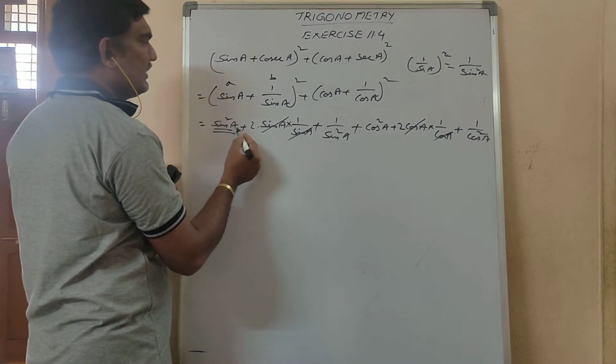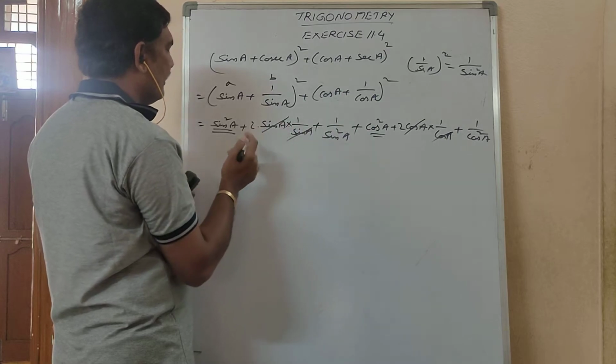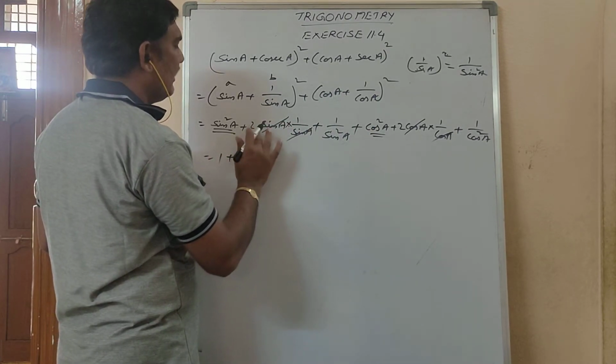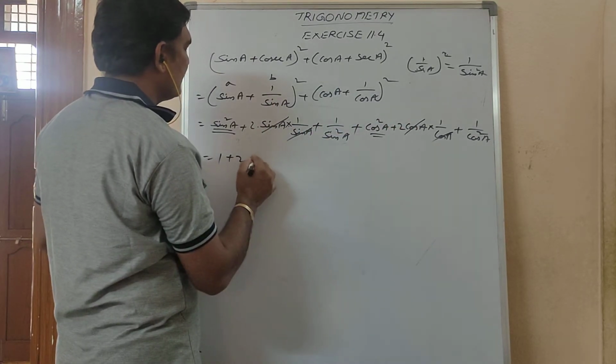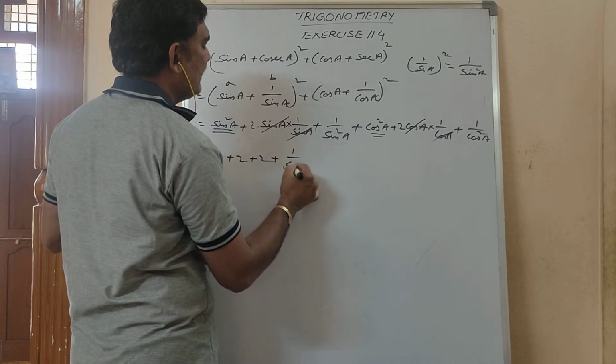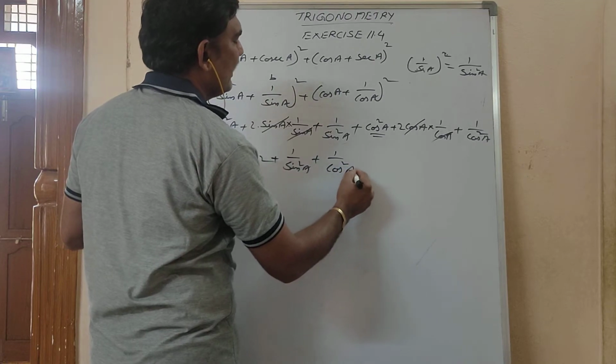Here sin square A is there, here cos square A is there. These two, if you add, you are getting 1. Already here plus 2 is there, and here one more plus 2 is there. Now what is the remainder? 1 by sin square A plus 1 by cos square A is the remainder.